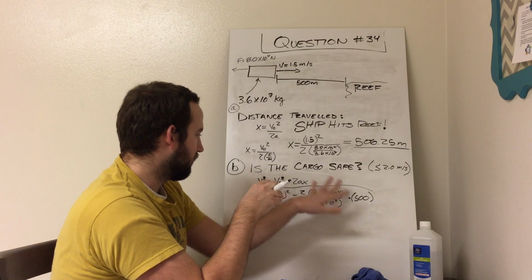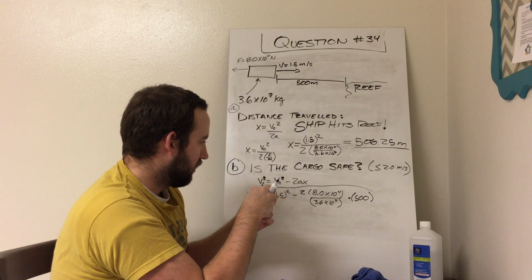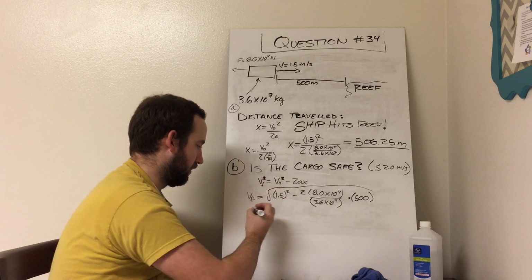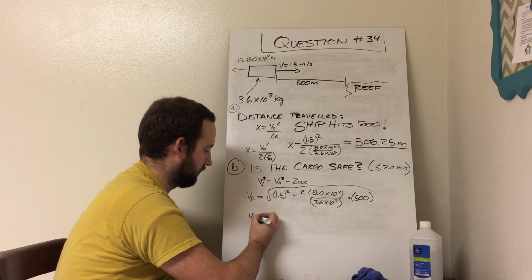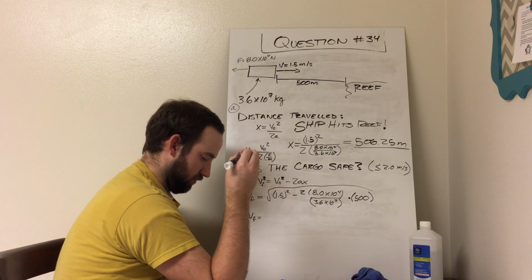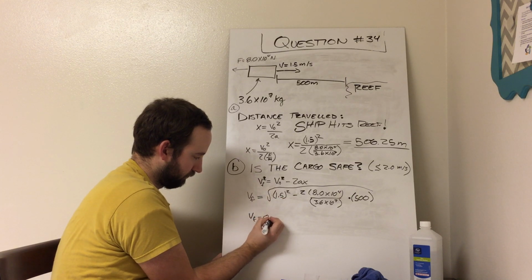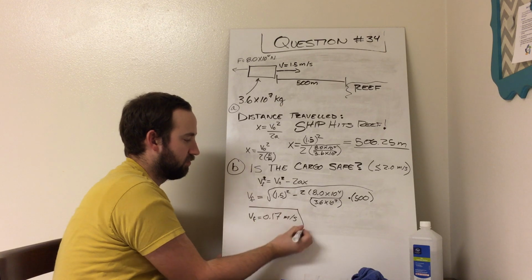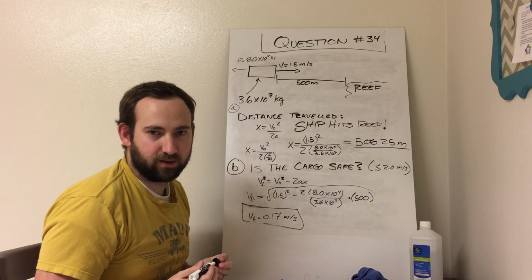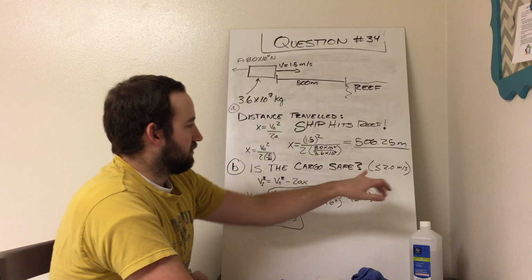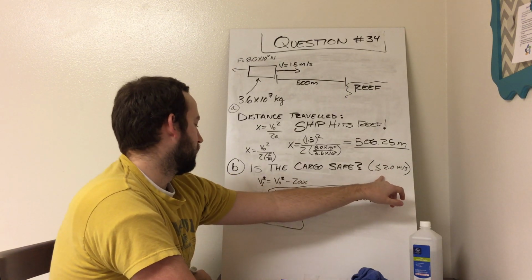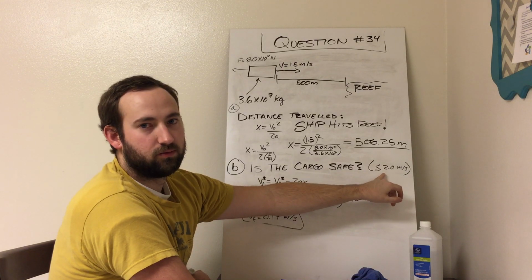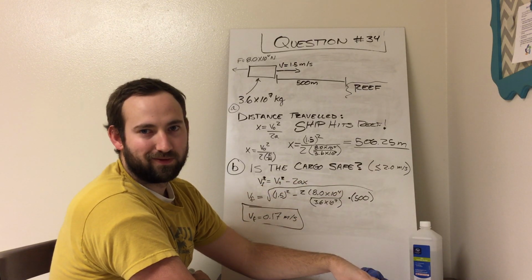We plug this into our calculator, making sure to get it all in there underneath the square root sign, and we end up with that velocity equaling 0.17 meters per second. Since 0.17 is definitely less than 0.2, we know that the cargo is going to be safe.